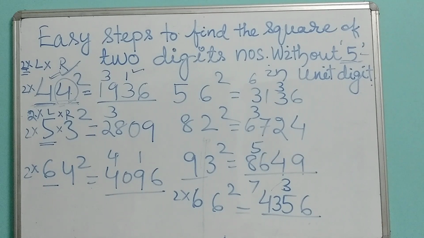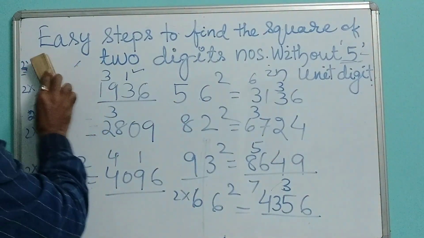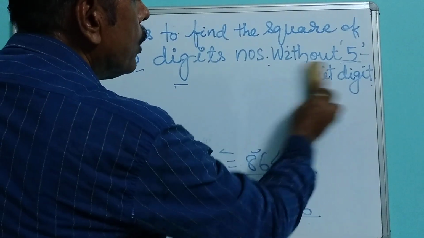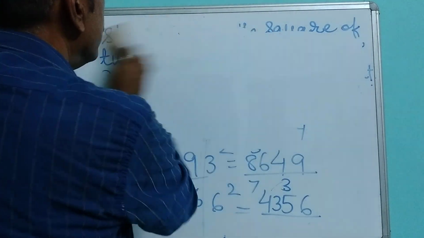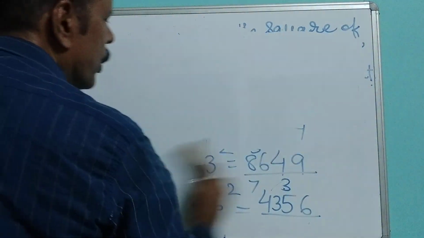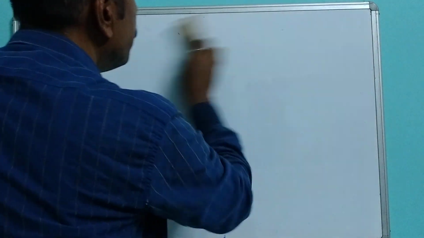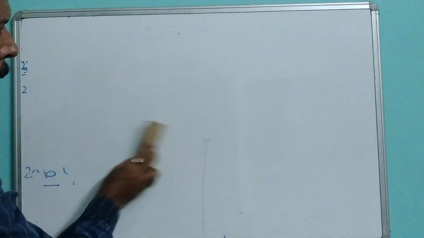It is very simple to calculate, and whenever you need the square of such numbers, you may calculate using this method. It's a very easy method. Just again I repeat how to remember this process very easily.